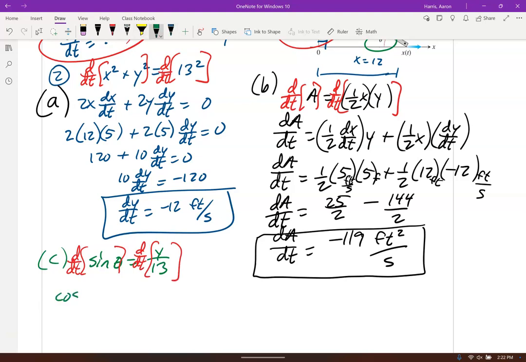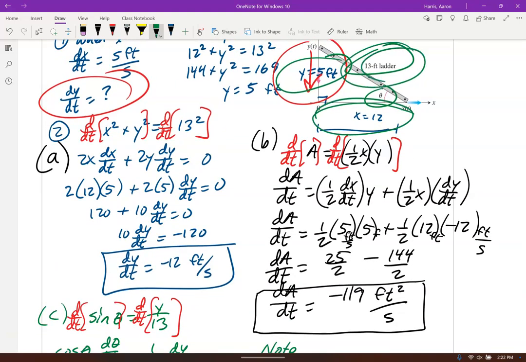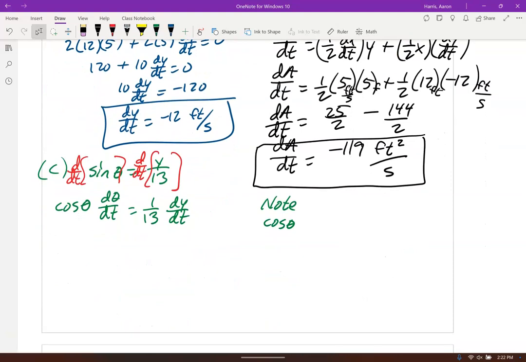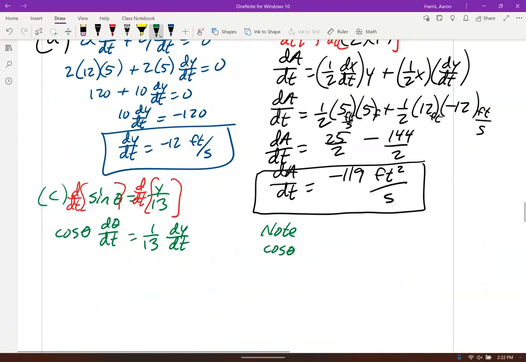Derivative of sine is cosine theta, d theta dt. That's what we're looking for. Now think of that as 1/13 y. So when I take the derivative, it's 1/13 dy dt. And then I'd say, well, what's my cosine of theta? So note that the cosine of theta is adjacent 12 over hypotenuse 13. 12 over 13.